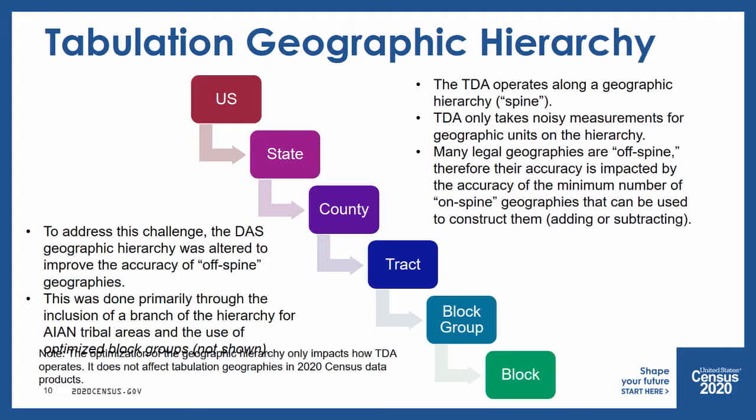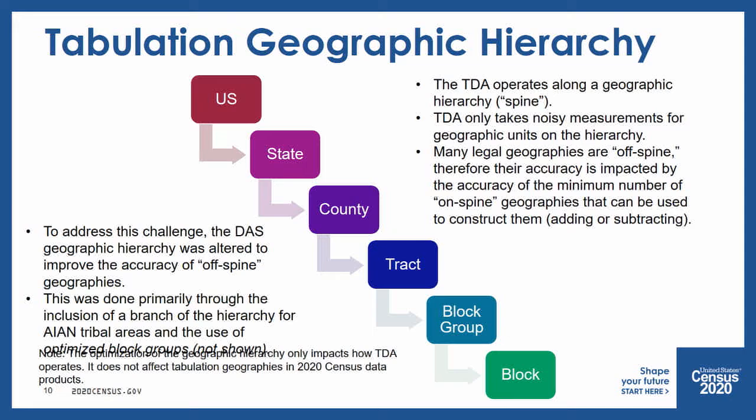Now, the top-down algorithm only takes noisy measurements at geographic entities that are on the top-down algorithm's processing geographic spine. This is important because many of the legal geographies that we're most interested in fall off of the traditional tabulation geographic hierarchy. So you're not taking noisy measurements of those off-spine geographies directly, but you can still estimate the relative accuracy of tabulations for those off-spine entities by knowing how far from the spine they are.